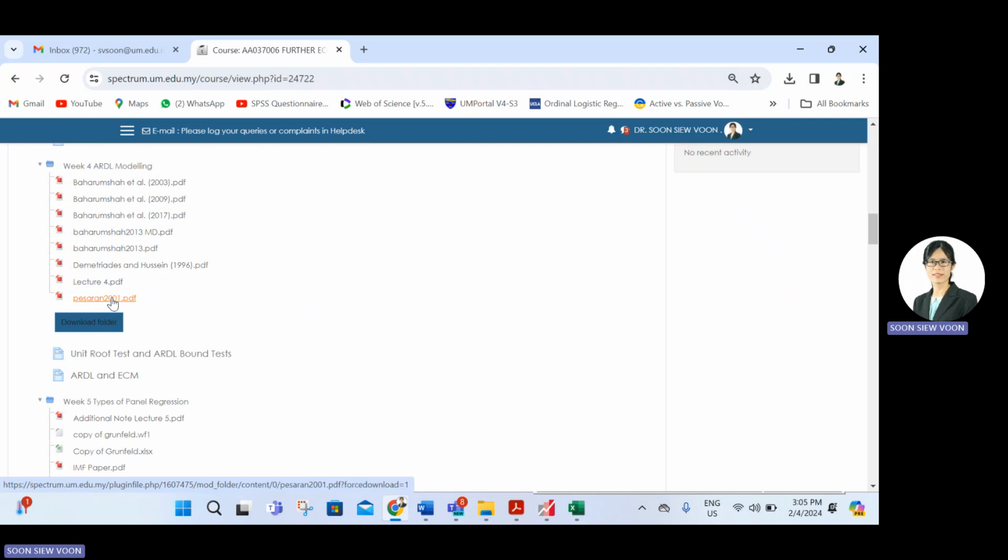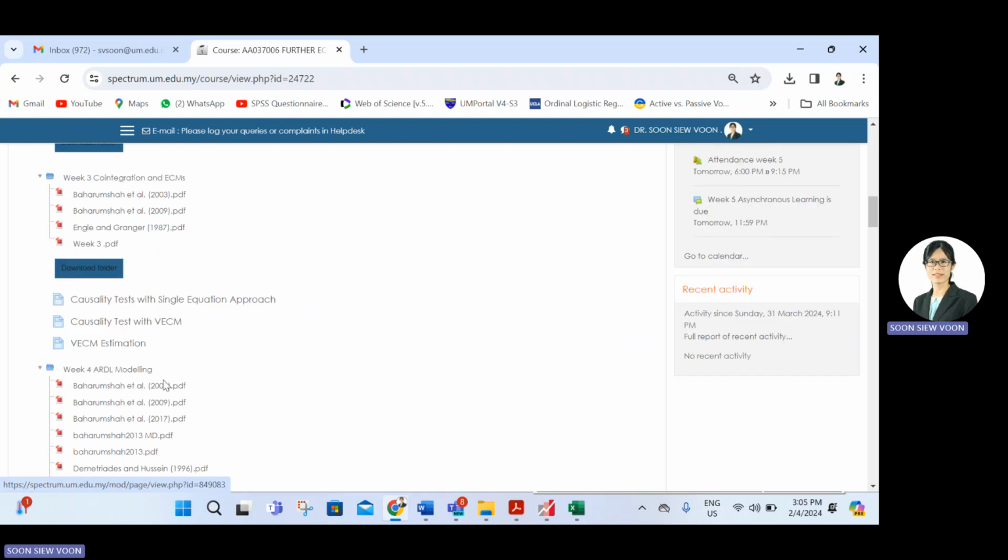I think the majority of you already went through a little bit of analysis with the ARDL bounds test in the previous semester. Perhaps you can go through the original paper, published in 2001, to discuss the idea behind the ARDL, right? Then for the empirical side, you can refer to all these papers.